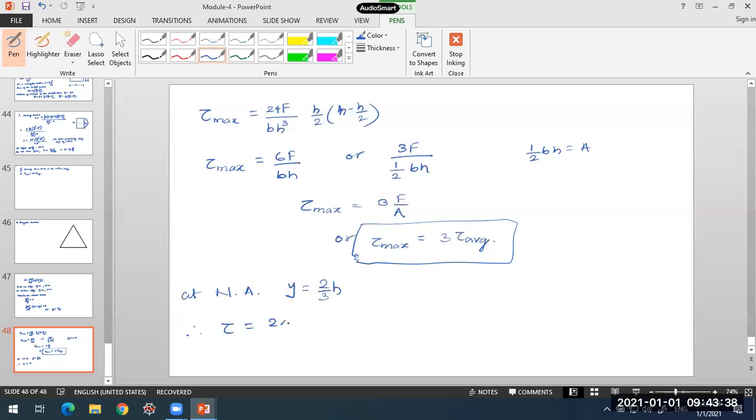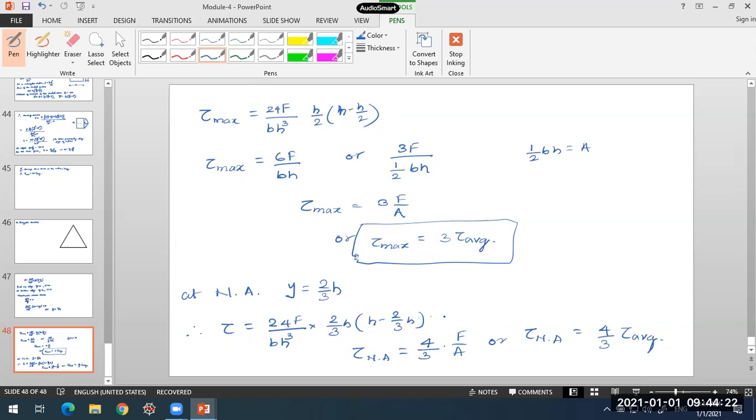Tau is equal to 24 F upon BH cube into this 2 by 3 H into H minus 2 by 3 H. If you simplify that, this tau at the neutral axis will be equal to 4 by 3 into F by A, or at the neutral axis it will be 4 by 3 times the average shear stress.